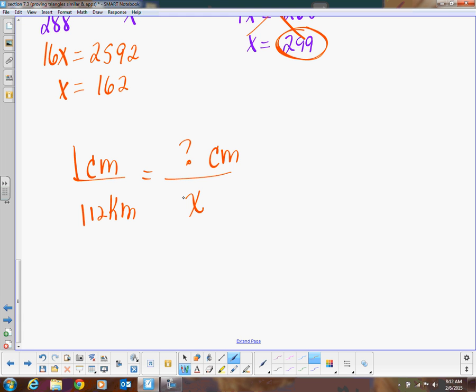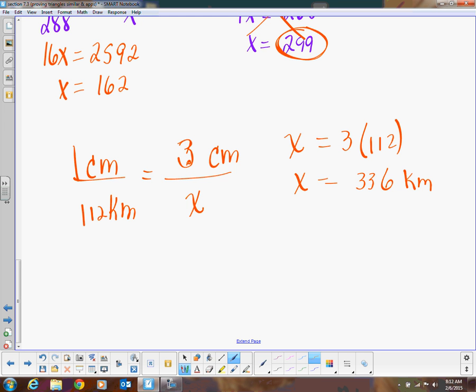Did anybody do that? Well, it's going to be a guesstimate. Okay, so we said it's 3 centimeters. So then you're going to say x is equal to 3 times 112, which is 336 kilometers.